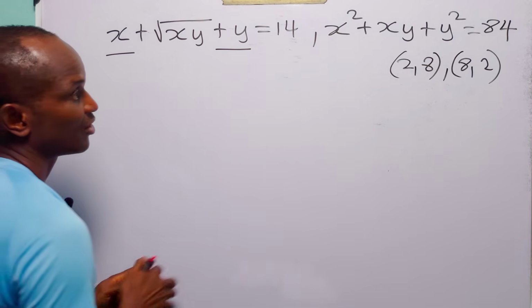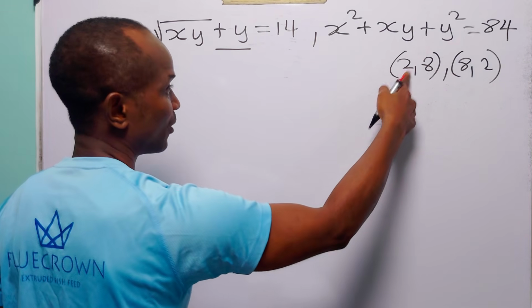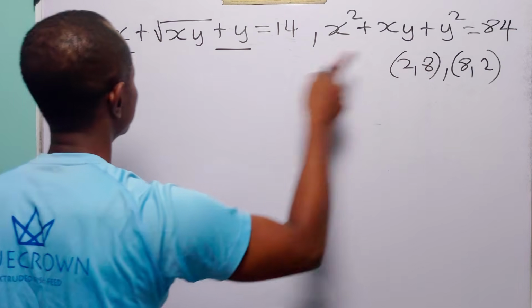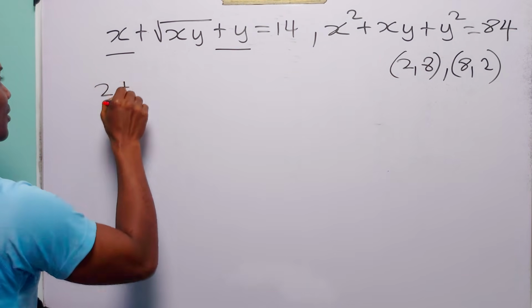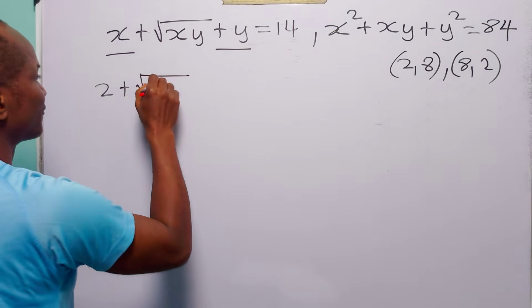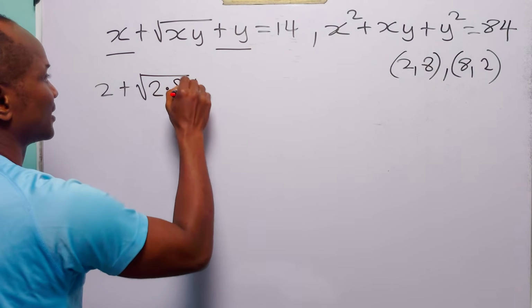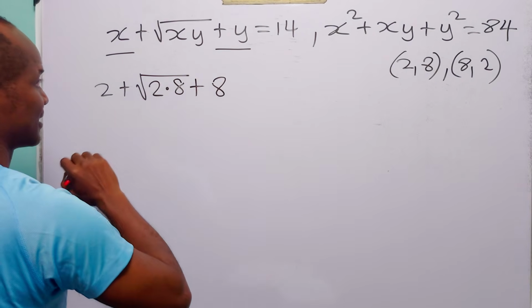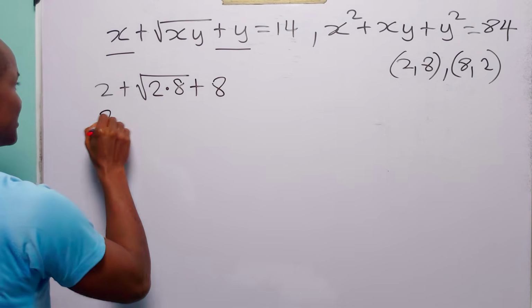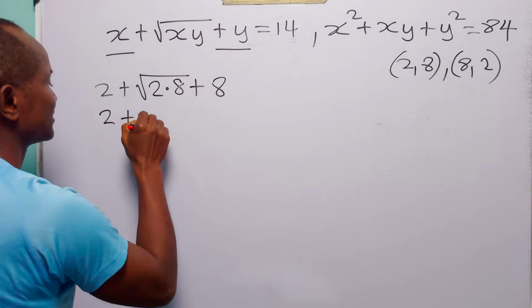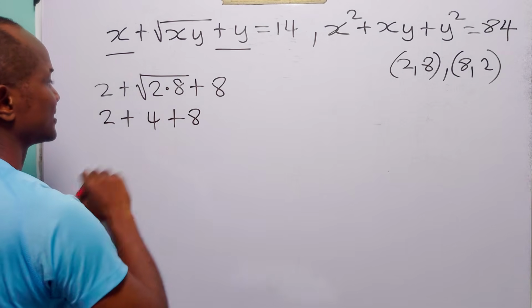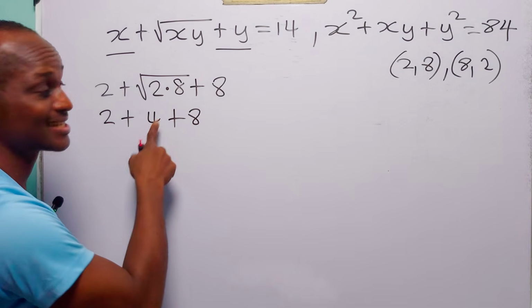Now let us check. For the first point, we have x equal to 2 and y equal to 8. Substituting into the first equation, we have 2 plus the square root of 2 times 8 plus 8. Now this is 2 plus, 2 times 8 is 16, the square root of 16 is 4, plus 8. 2 plus 4 is 6, plus 8.